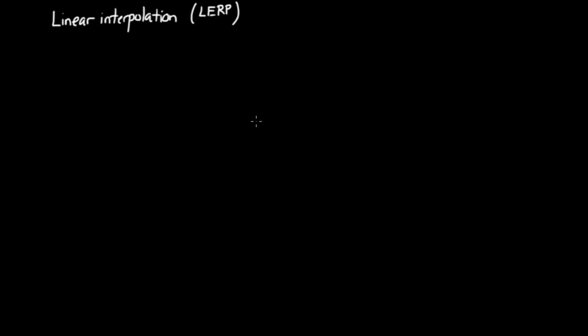So let's say I'm given some starting vector, an initial vector, which I'm going to call v sub i, and a destination vector, a final vector, which I'm going to call v sub f. What I'd like to do is interpolate, moving from vi to vf along the line joining the tips of these two vectors.